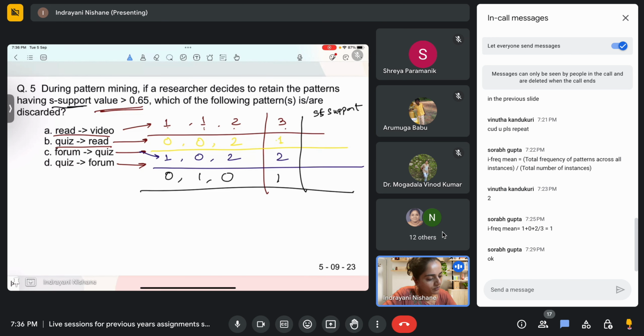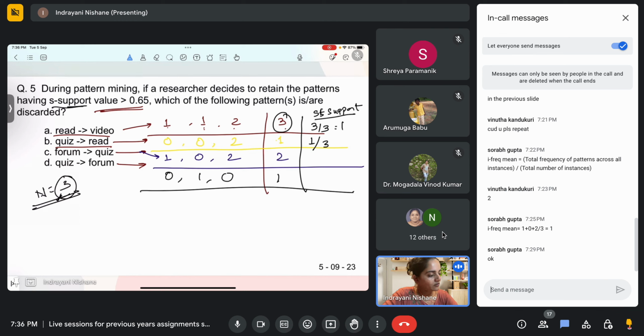The total number of students n was 3: S1, S2 and S3. So what will be S support for read to video? 3 divided by 3, the 3 from here and the denominator 3 from here. For the quiz to read transition, it is 1 because this pattern is observed for 1 student out of n, which is 3.